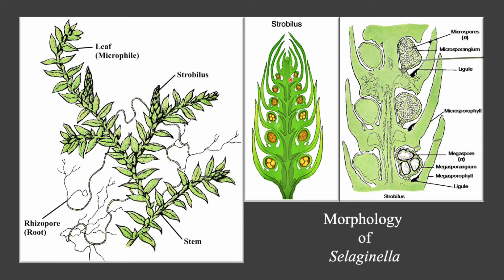The sporophylls are similar to vegetative leaves in appearance but are smaller in size.